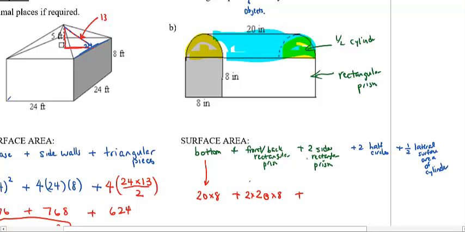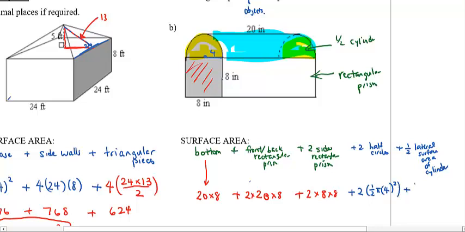The two side pieces are the shaded piece here, so 8 times 8, but once again there are two of them. And then now with the half circles, I've got two half circles, so half times pi r squared in this case. So what is r? If that's 8, that means it's 4, so 4 squared.